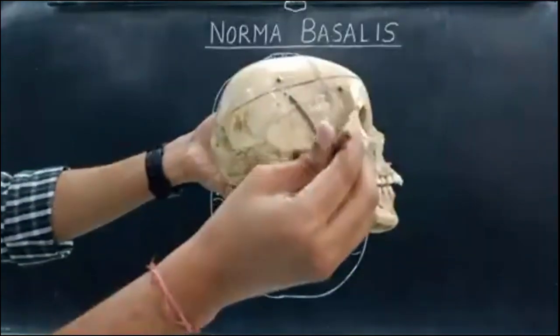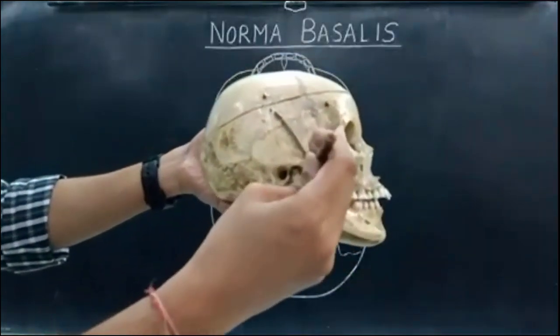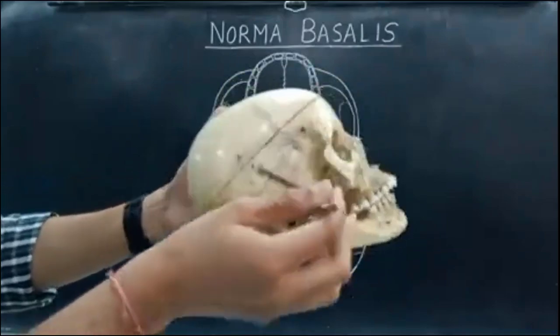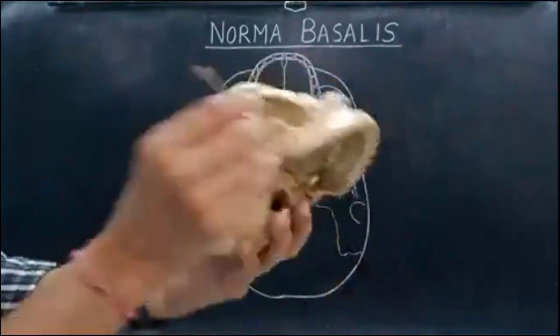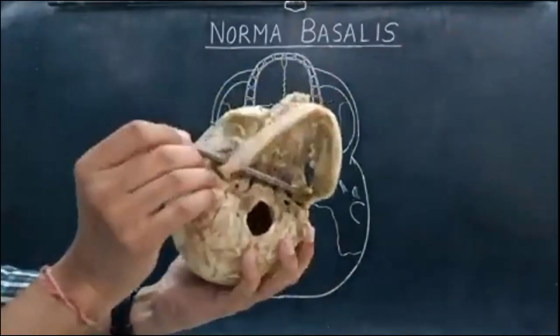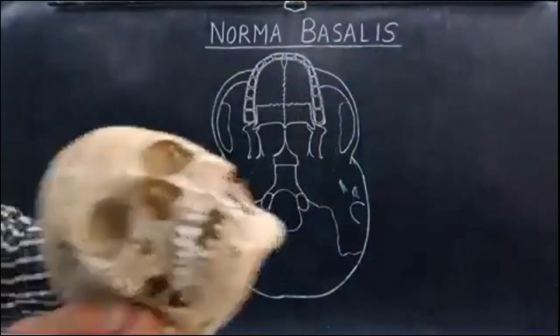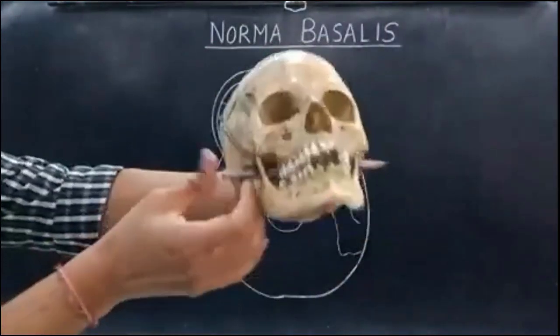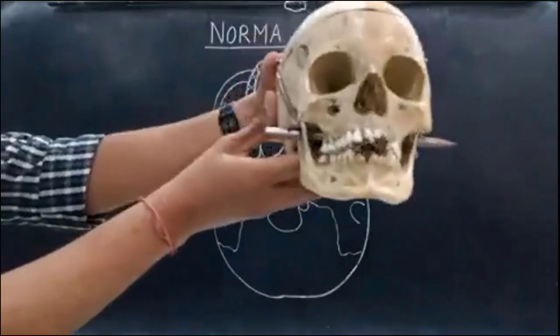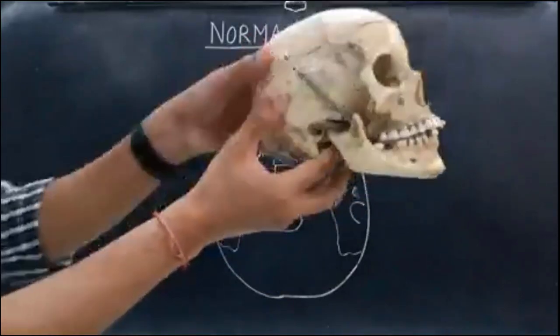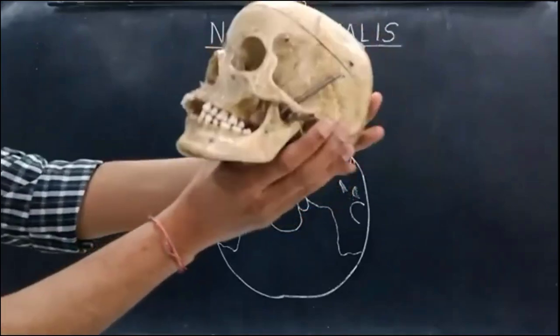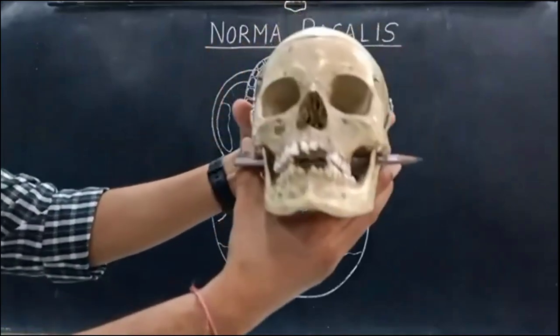So I am inserting a pencil in this mandibular notch, and this pencil is going to emerge from the opposite mandibular notch, right? You can see this pencil has entered the mandibular notch from this side and exited from the other side.